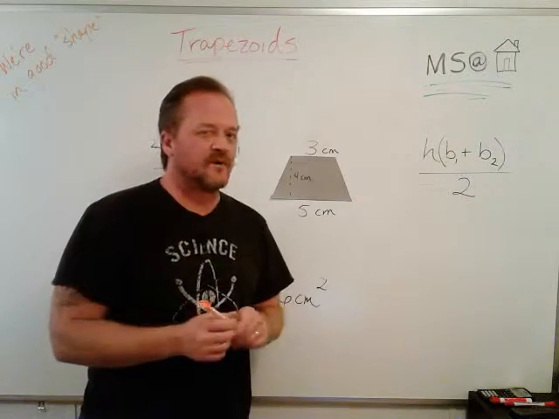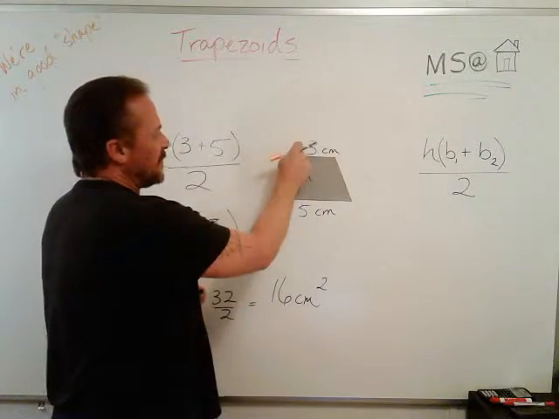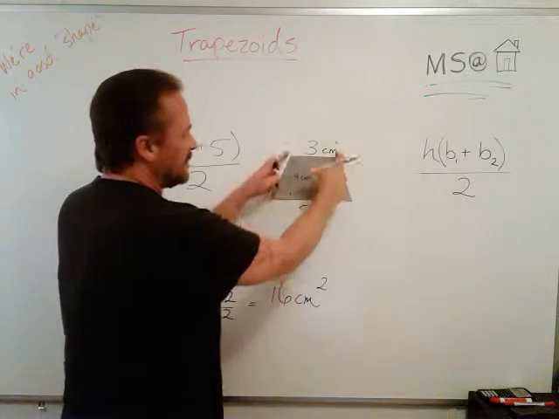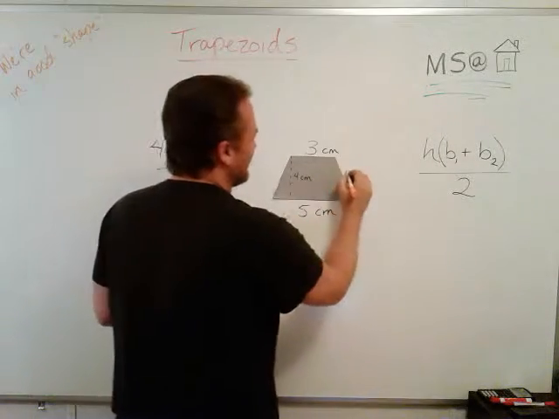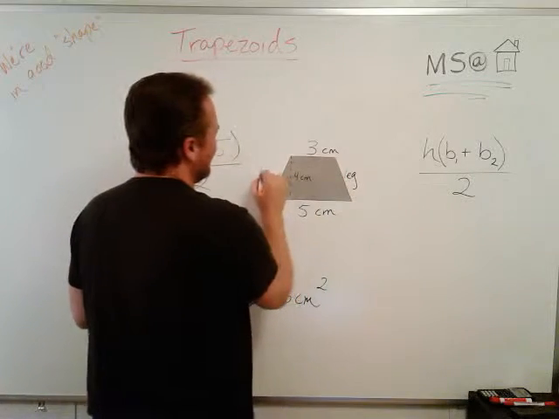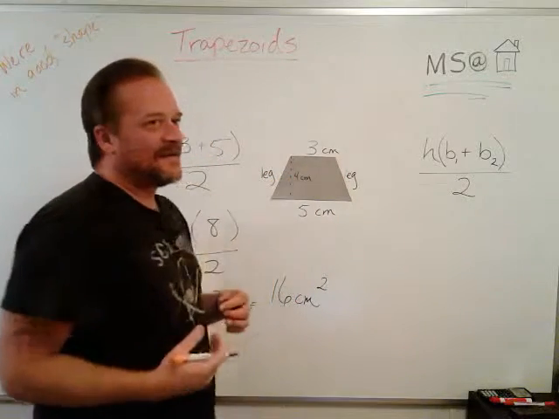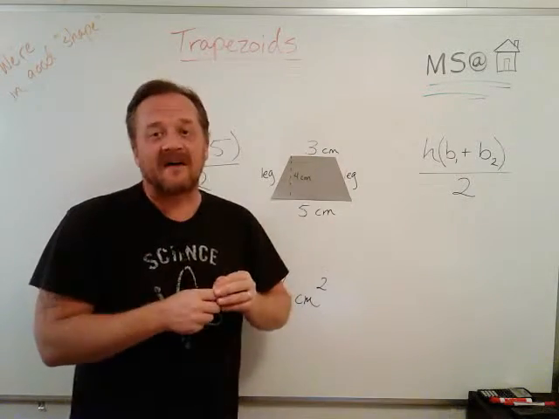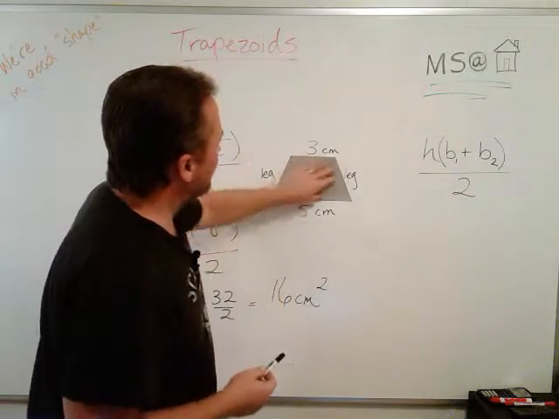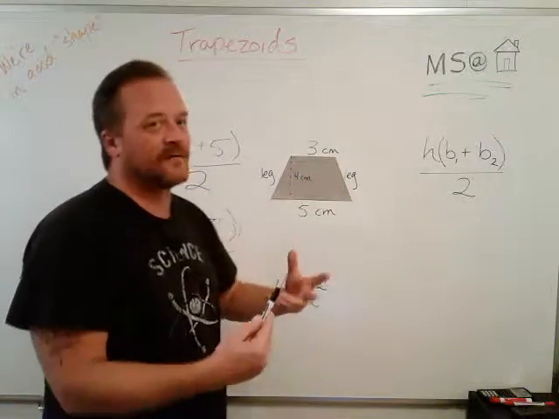Side note, real quick. We know this is base 1, this is base 2. Do you know what to call these? I think it's funny. These are actually called legs. And each leg could have the same measurement. It doesn't have to. You'll bump into trapezoids that have 2 legs that are different lengths.